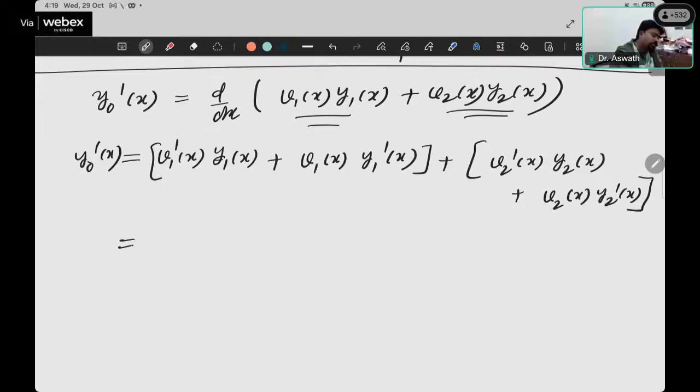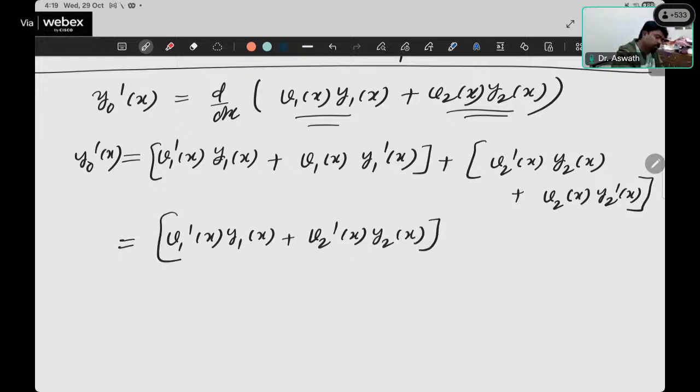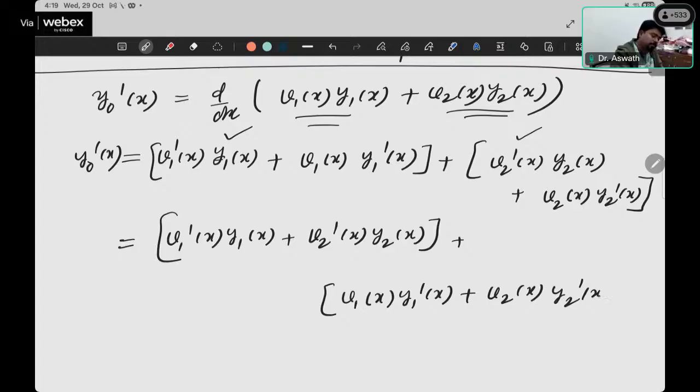Okay, let's just do the rearrangement. I want to have v1 dash x y1(x) plus v2 dash x y2(x), so this and this term together, and the other two terms together, v1(x) y1 dash and v2(x) y2 dash.